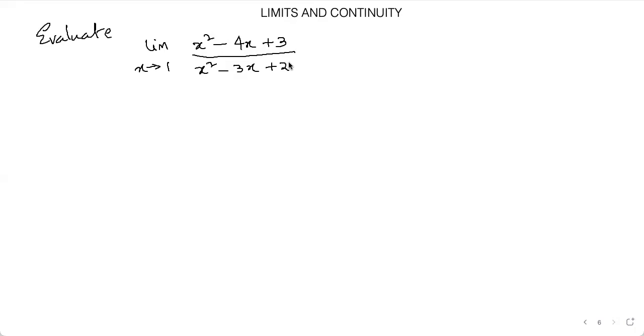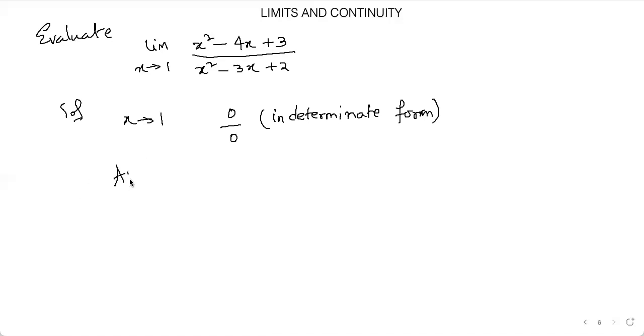Now as x tends to 1, this becomes 0 by 0, which is an indeterminate form when you put x as 1. So let us apply L'Hopital's rule.